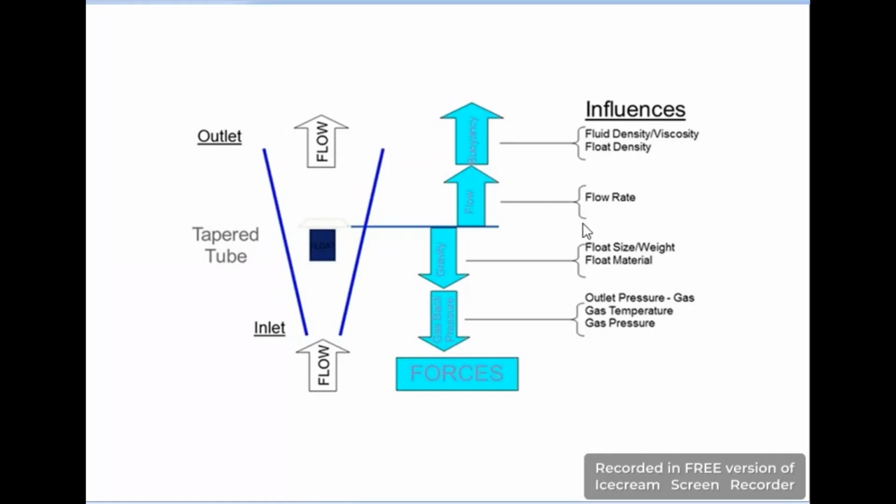The second one is the flow rate of the fluid, and the third one is float size, float weight, and also float material. The last ones are outlet pressure, gas temperature and gas pressure, and also liquid temperature and liquid pressure may be in these factors.